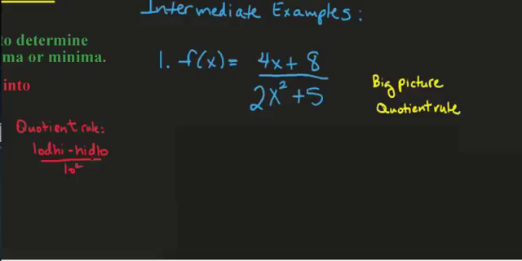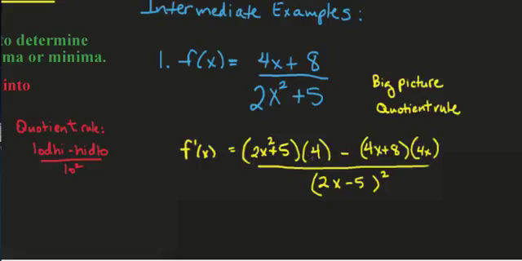I remember it using this little acronym: low d high minus high d low over low squared. You take the derivative of anything after the d. So this is the bottom times the derivative of the top minus the top times the derivative of the bottom over the bottom squared. So doing that, we would get this right here. There's the bottom times the derivative of the top minus the top times the derivative of the bottom.